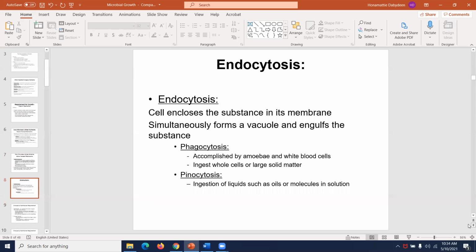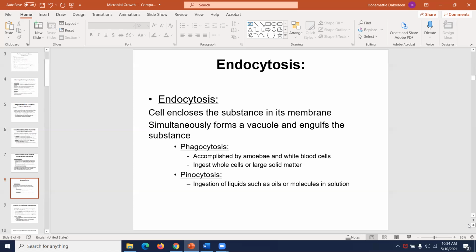You might have heard of phagocytosis in amoeba and some of your white cells, where the white cells push out some pseudopods and engulf bacteria or other pathogens that are trying to invade you. This way they can bring it in and pour lytic enzymes on them and digest them, or at least kill them.